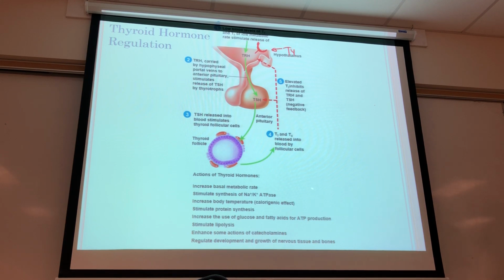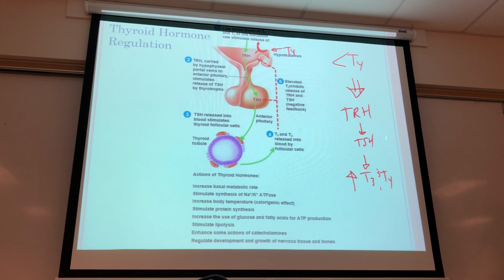If there's not enough T4 in our blood, and we have less T4, we have less receptors that will stop the production of TRH. Meaning, the lower amounts of T4 in the blood, low T4, will stimulate the production of TRH, which will then make TSH, which will then make T3 and T4 to raise them back up.